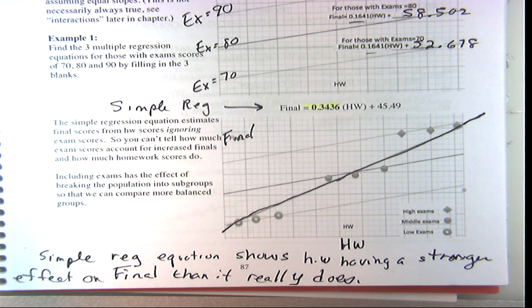And then when you compare like people who have the same exam scores, that slope gets much less. All right, that's the idea.